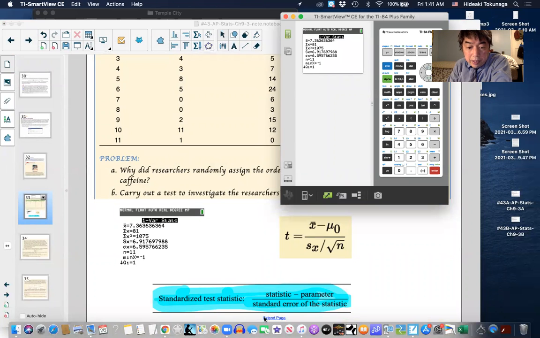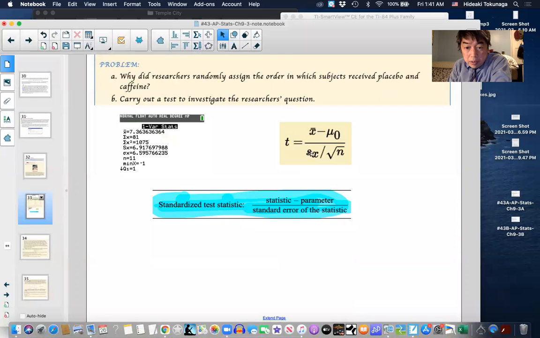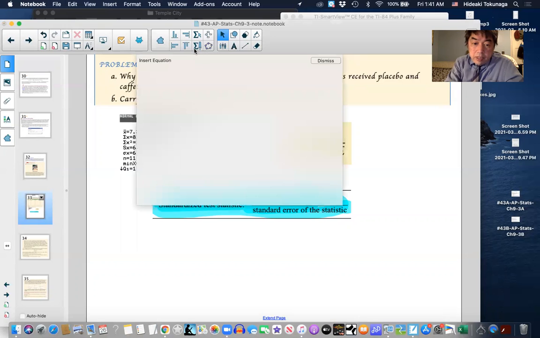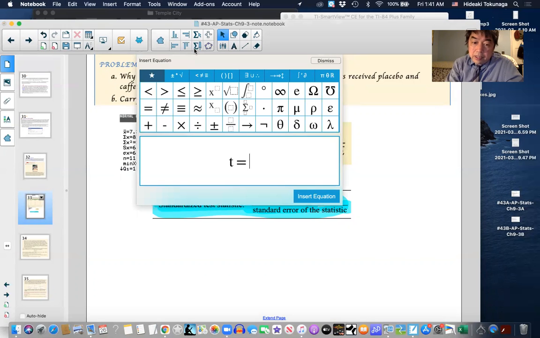Now let's plug in here. So for the t-test, the mean is right here, 7.363. Okay, so then write down 7 point. So t equals, right? T equals 7.763. I forgot, now let me fix it later.